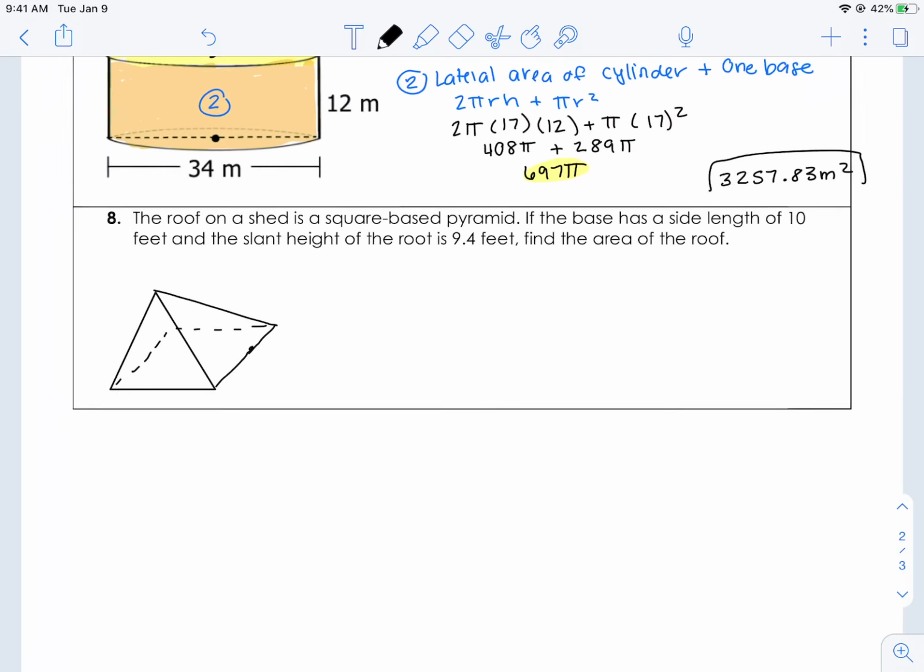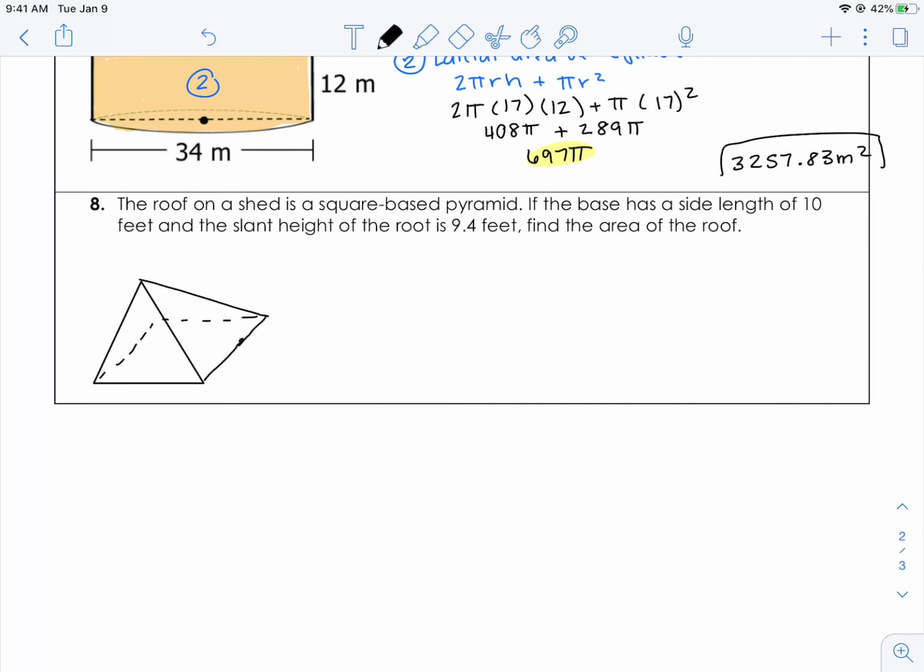So obviously it doesn't have to be perfect, but it gives y'all an idea. If the base has a side length of 10, so remember it's a square, so they're all 10. I'm going to go ahead and highlight the base too. And the slant height is 9.4 feet, so L is equal to 9.4.